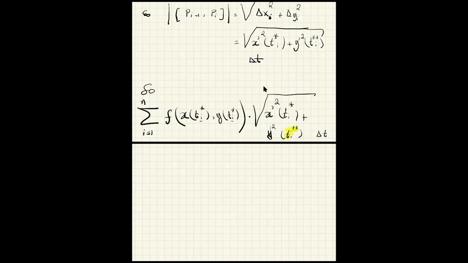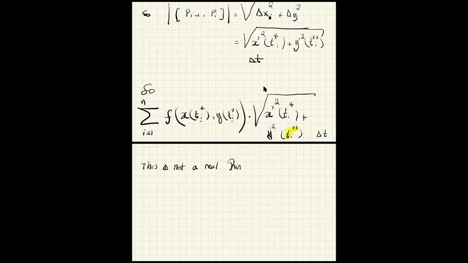because of this t_i star star, it's not really a Riemann sum. This is not a real Riemann sum, right?